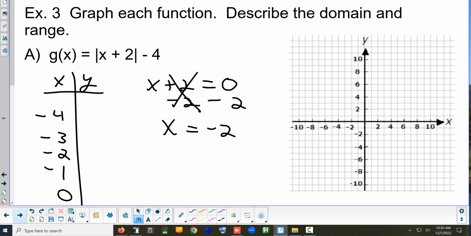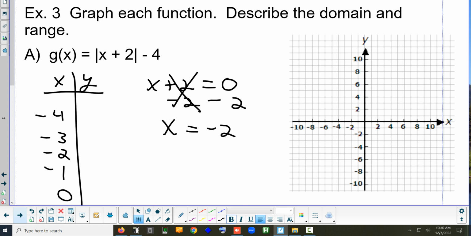Let's start with -4. What's -4 plus 2? -2. And what's the absolute value of -2? 2.